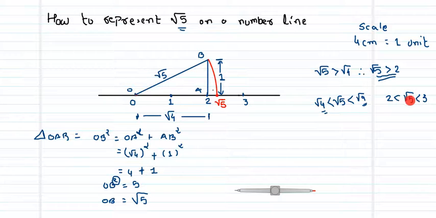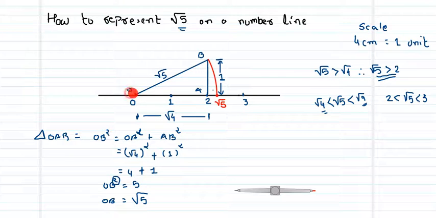So root 5 must be in between 2 and 3, just like this. The biggest confusion for all the students is always how to set the base of a triangle.